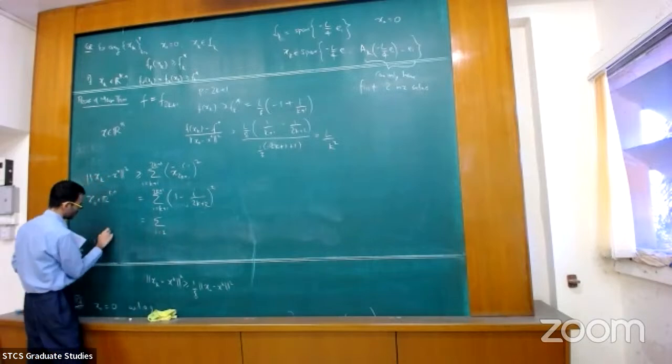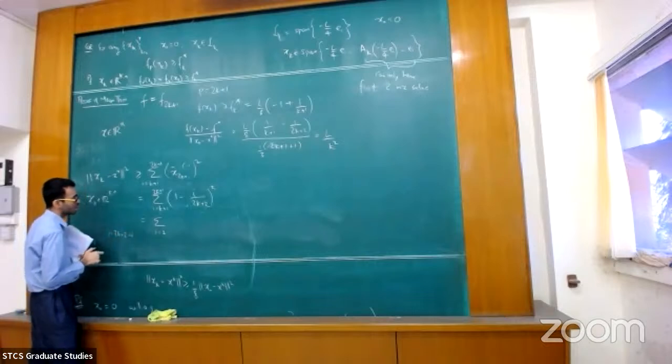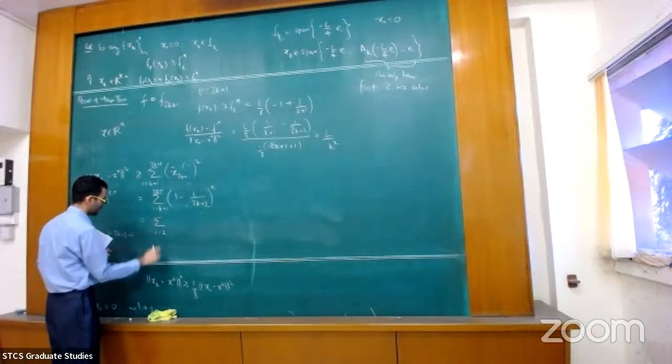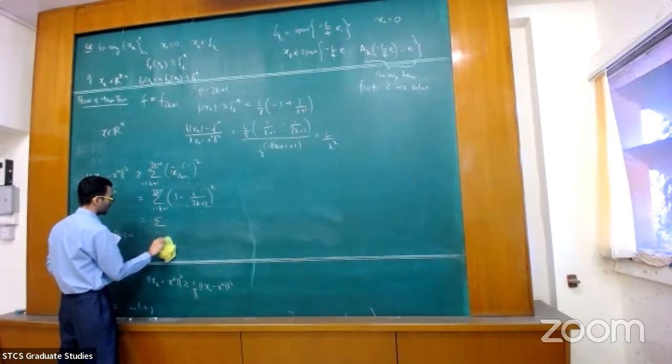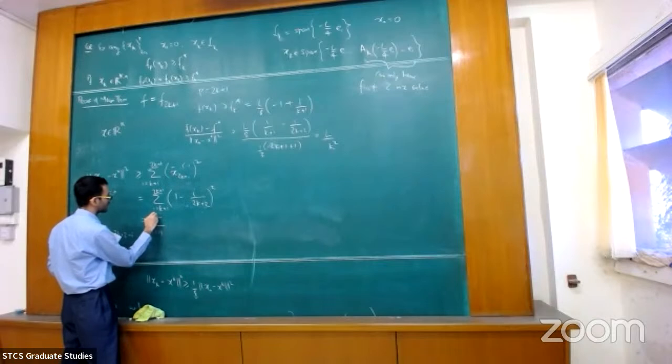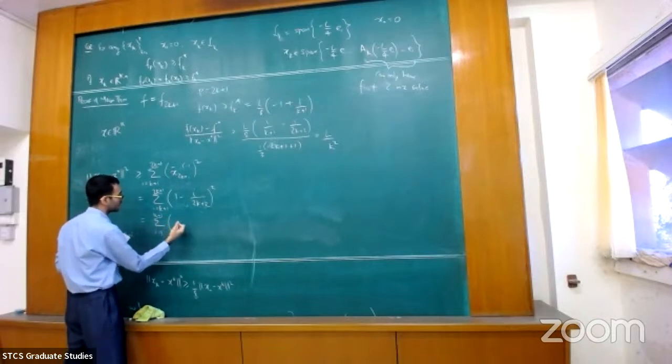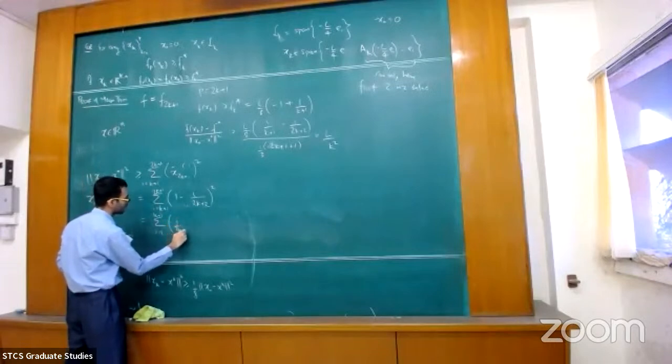When i goes to k plus 1, j becomes k plus 1, and when i goes to k plus 1 at the other end, j equals 1. So j goes from 1 to k plus 1, and the inside is just j over 2k plus 2 squared.